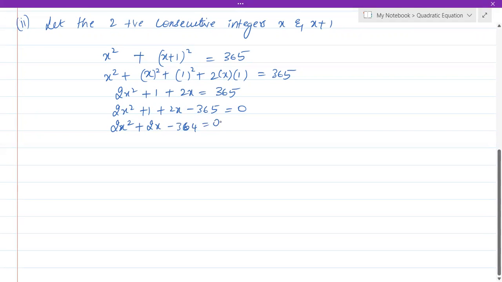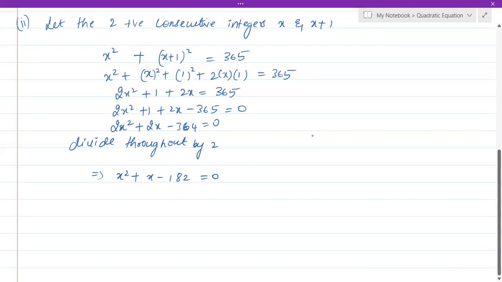If you observe, you can take 2 as common, or in other words, you can divide throughout by 2 so that it will be easy. Okay, divide throughout by 2. So it will become x squared plus x minus 182 equal to 0.